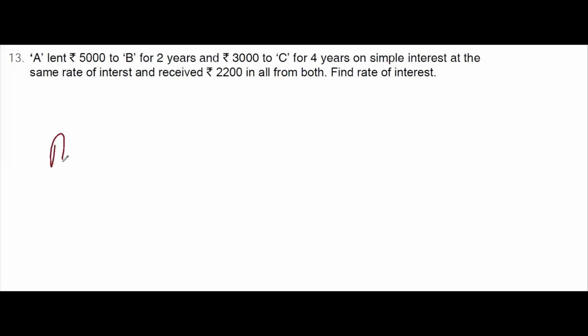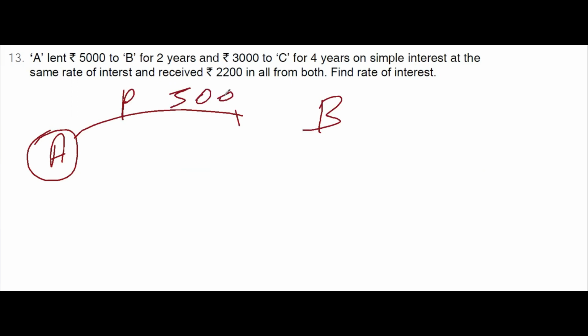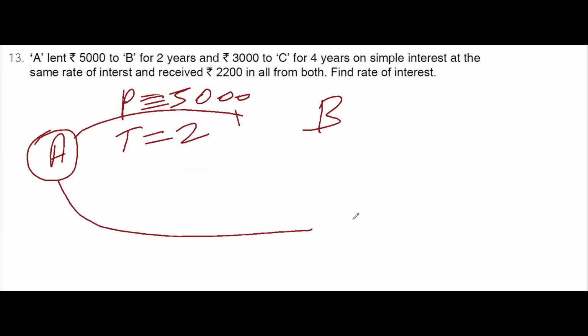A lent some money. How much? 5,000 to B for 2 years. So time is given to you, that is 2 years, and 3,000 to C for how many years? 4 years.